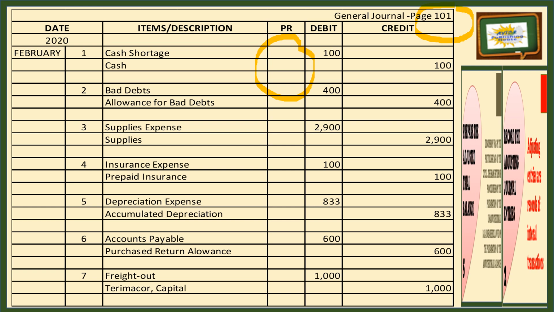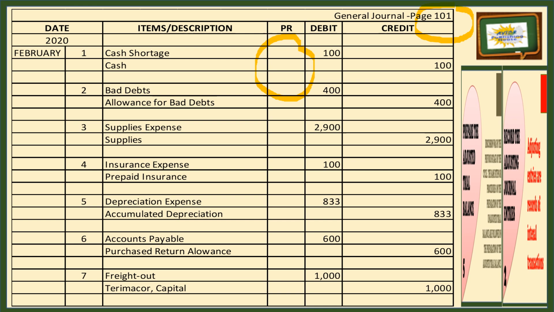So what are our journal entries based on the worksheet? We have cash shortage: a debit to cash shortage and a credit to cash. The next one will be a debit to bad debts expense and a credit to allowance for bad debts. The supplies on hand at the end of the period was computed to be 4,000.